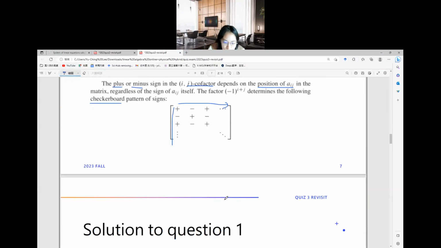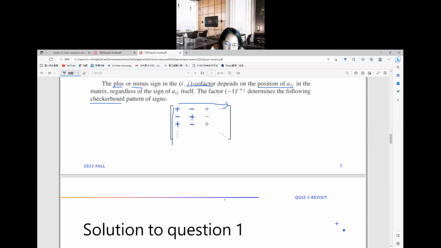Okay, let's review the signs. Basically, you need to put the plus and minus in an alternating sequence. So for the first column, it always starts with plus and then minus, plus. And then next to the plus sign, it should always be a negative sign. So for the second row, it starts with negative and then plus and then minus.